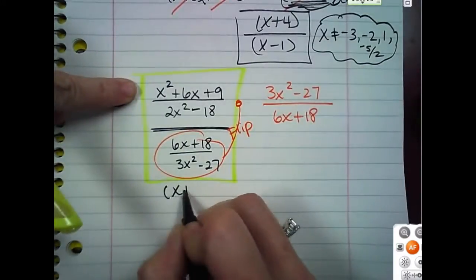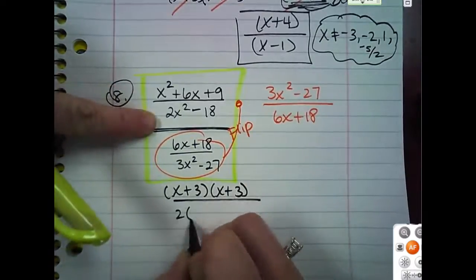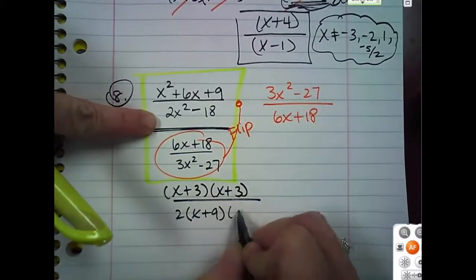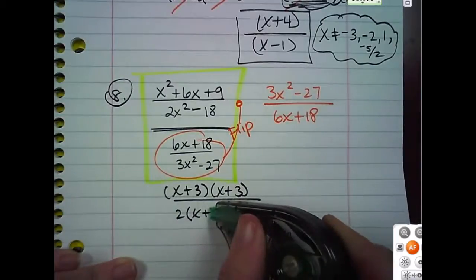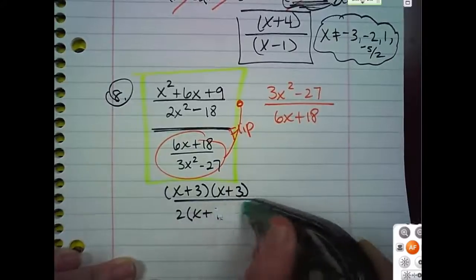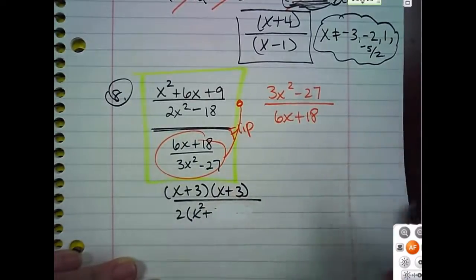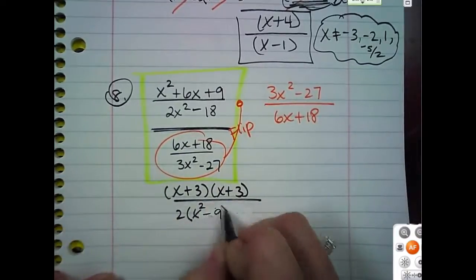You get x plus 3 times x plus 3 in the numerator. Take out a 2. x squared minus 9.